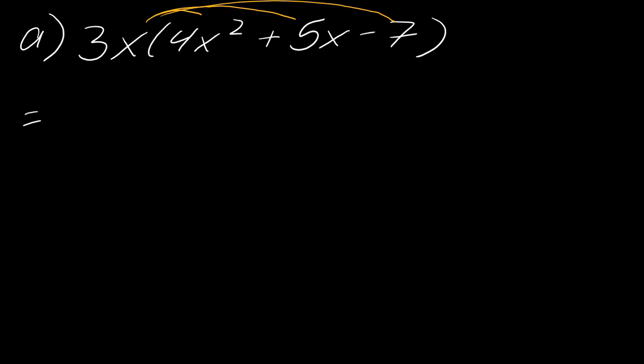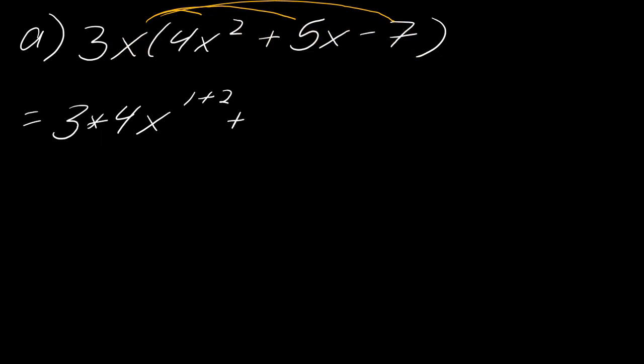I want to be really clear about what's happening. I'm going to multiply the numbers in front, so I'll take 3 times the 4, and for the x's, I'll add the exponents. This is what's happening as I distribute this 3x to this 4x squared. Here's the mechanics, and I want to break this out across the whole polynomial.